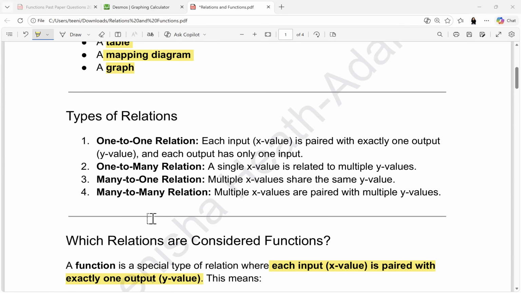Zafi, what is the vertical line test? What does that tell us? The vertical line test. Okay. So it tells us whether a graph is a function or not.